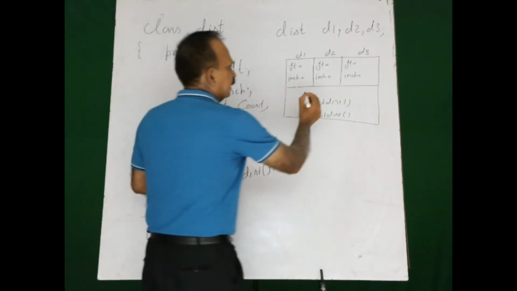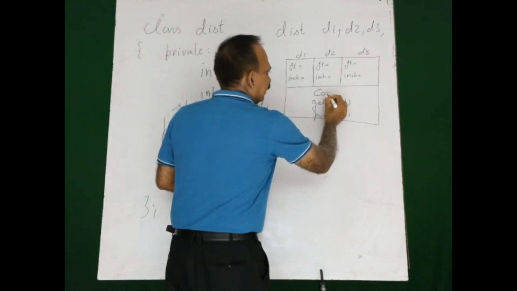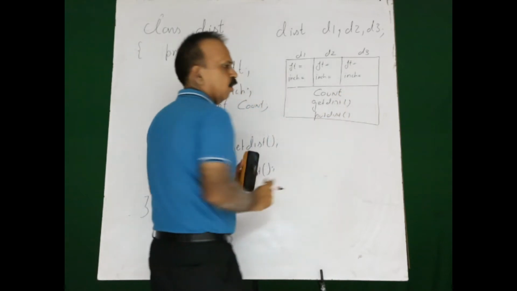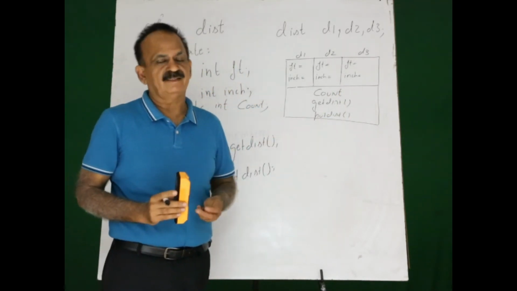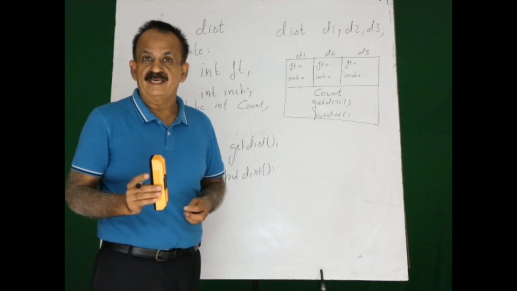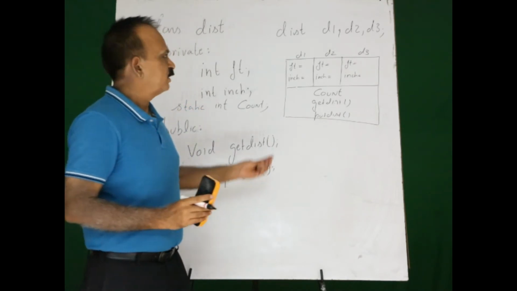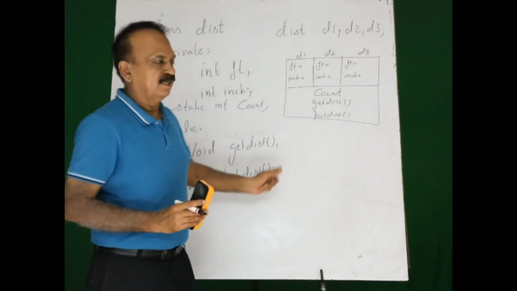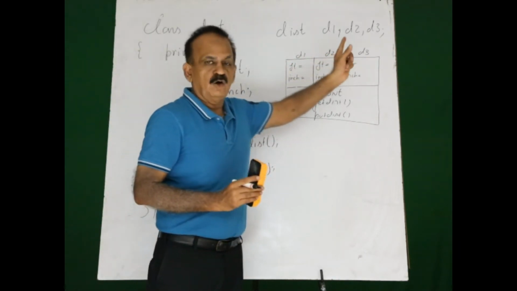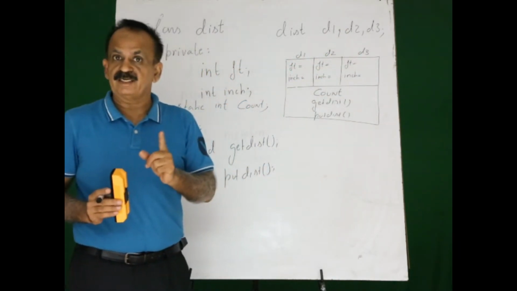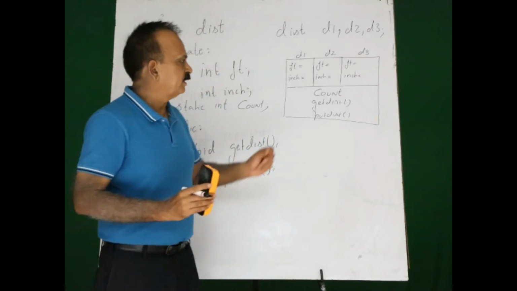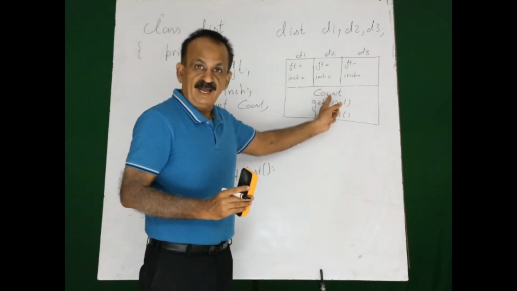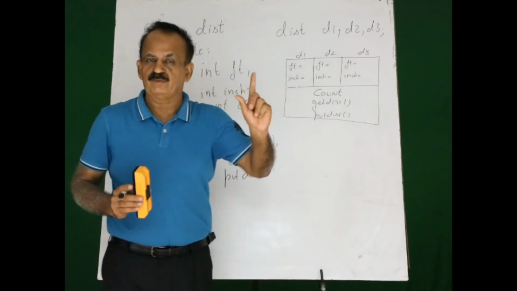This variable will be created as a common variable for all the objects, that is D1, D2 and D3. Now this is known as a class variable because it is related to the class rather than different objects. The data items which are related to the object are known as instance variables, and those related to the class are known as class variables.